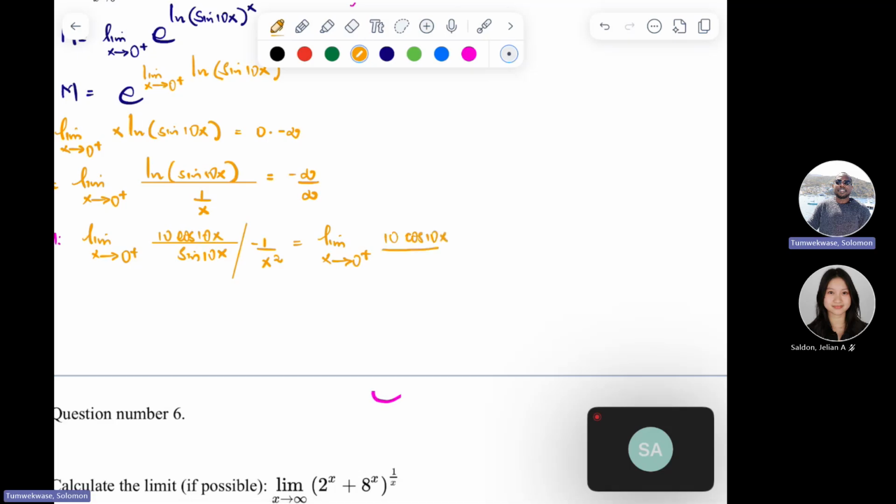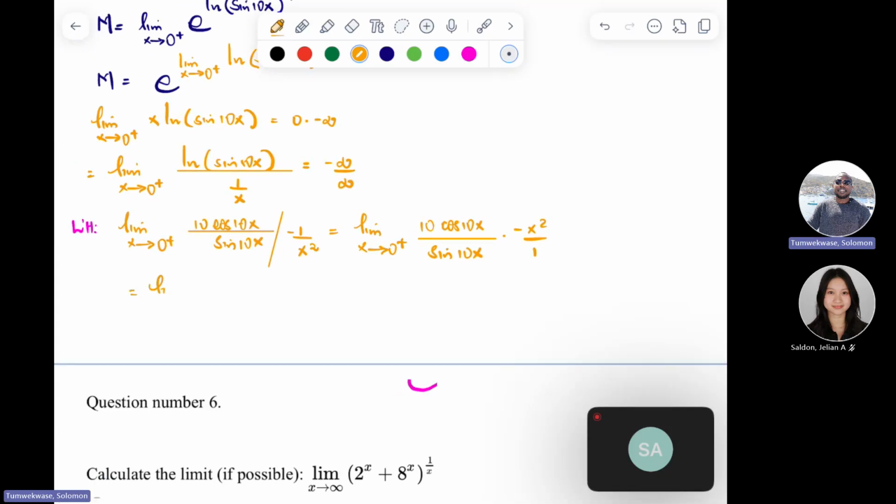cosine of 10x, then divide by sine of 10x, then times the reciprocal, which is negative x squared over 1. Okay.